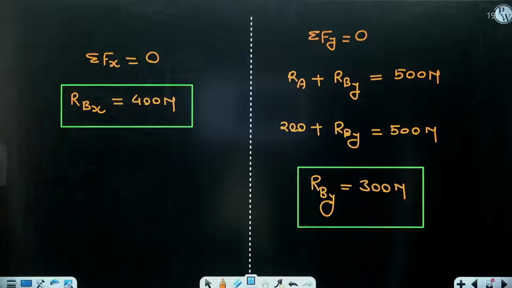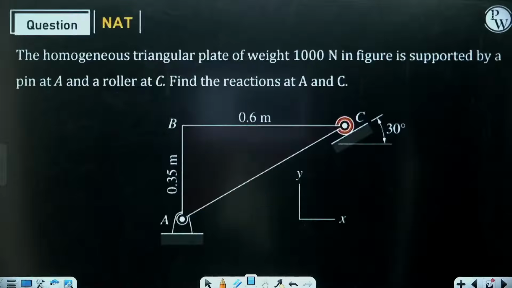Chalo, let's solve another question. This is an interesting one.